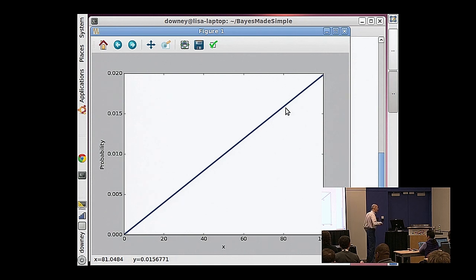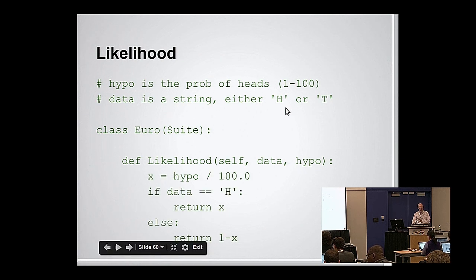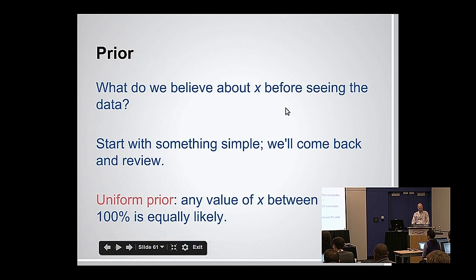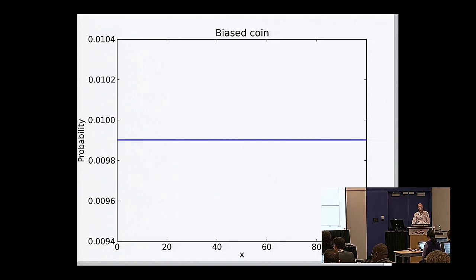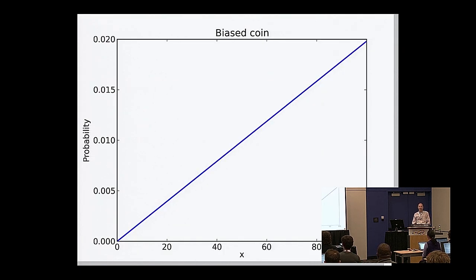If you go back to the slides, we can think about what it's going to look like with more data. So there's my solution. This is the prior distribution. This is what was in the code that I gave you. So this is a uniform distribution from 0 to 100. After doing one update, we have a straight line.